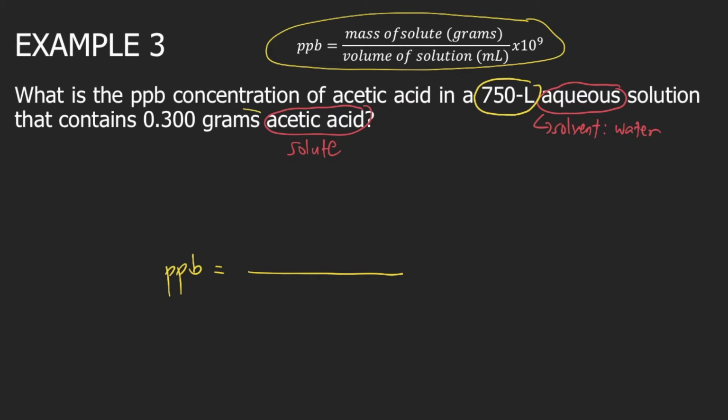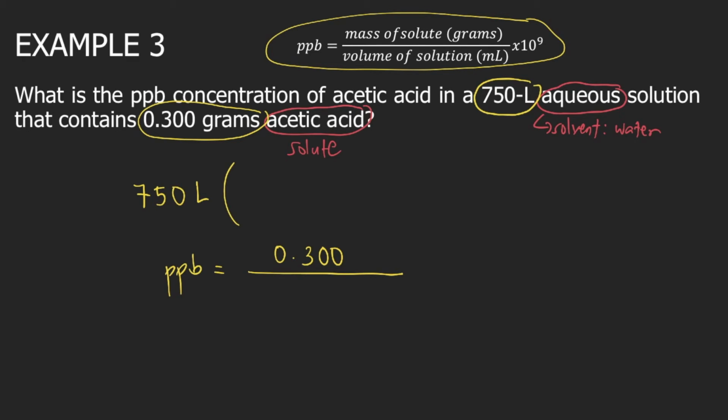So we are given 0.300 grams of acetic acid. So 0.300 divided by the volume of solution in ml. But we are given 750 liters. So we need to convert first 750 liters to ml before we can plug it into the formula.